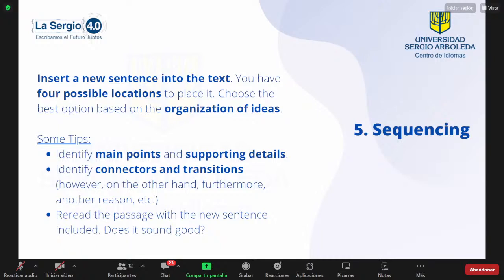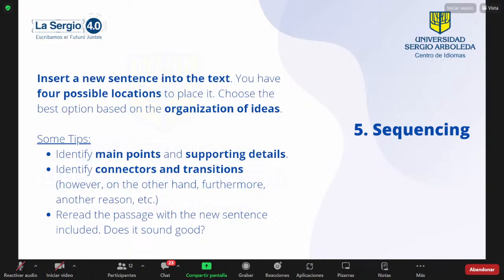And some tips: first, identify main points and supporting thoughts. Second one, identify connectors and transitions. For example, however, on the other hand, furthermore, another reason, etc. Third, reread the passage with the new sentence included.